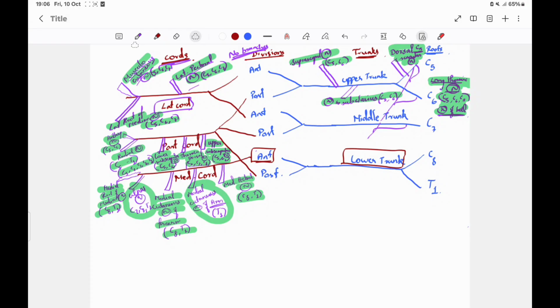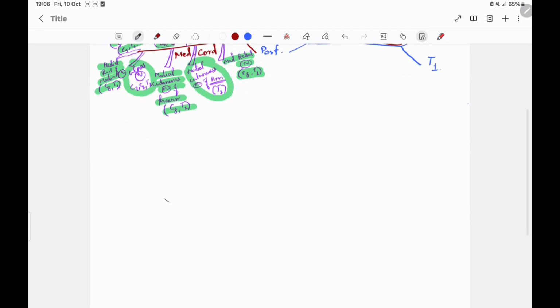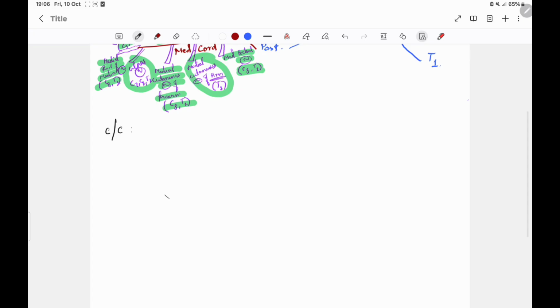Let's move to the clinical correlations related to the brachial plexus. So here, Erb's palsy.